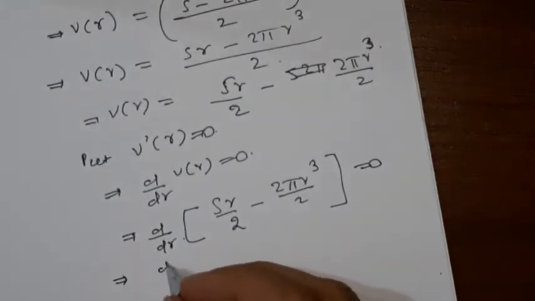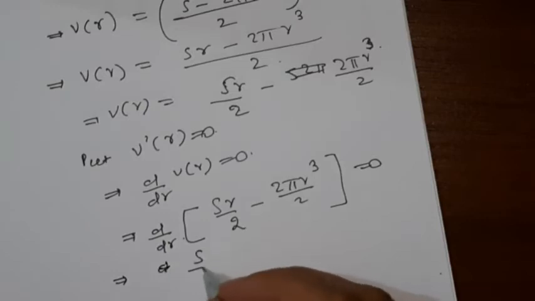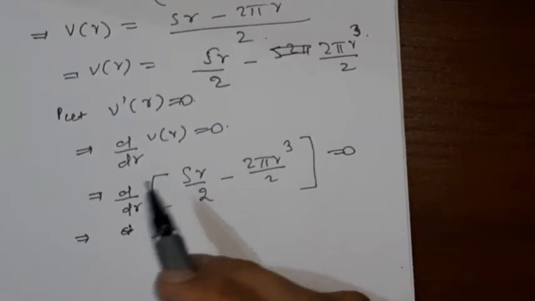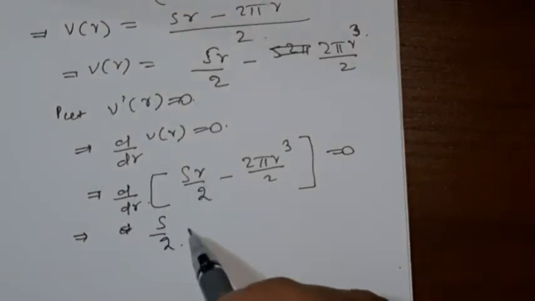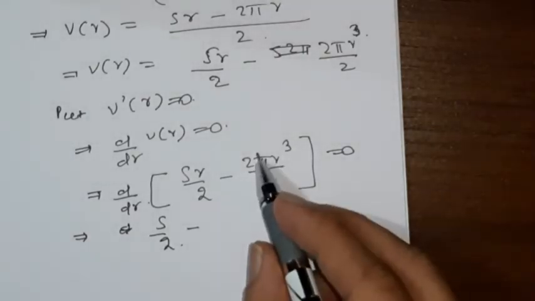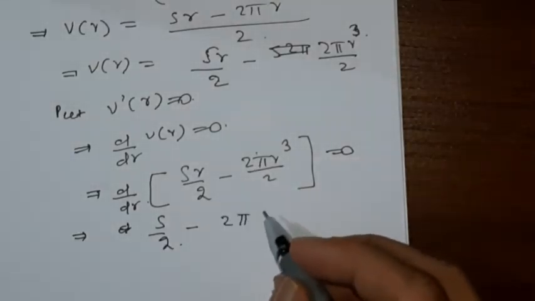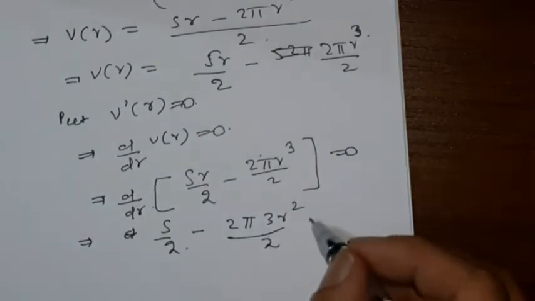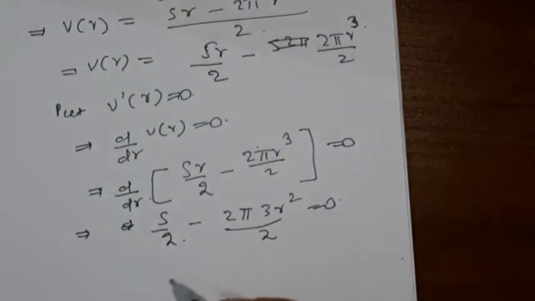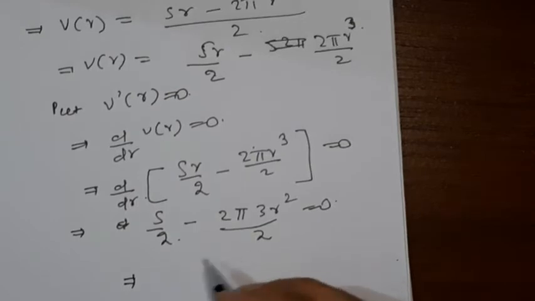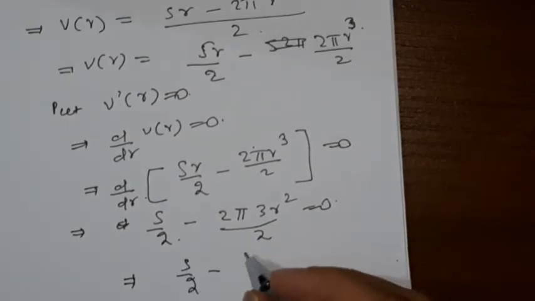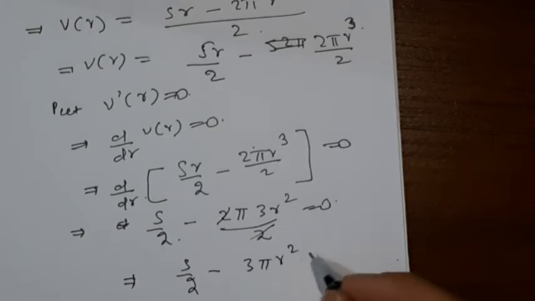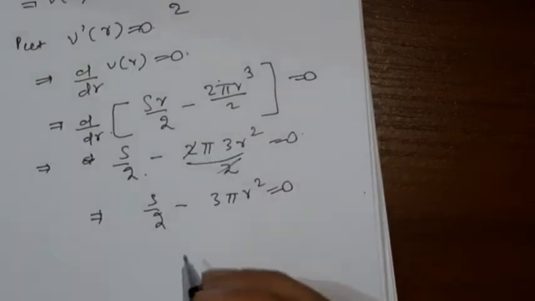The derivative of this is s by 2, because the derivative of r is 1, so s by 2 minus 2 pi, the derivative of r cube is 3 r square, divided by 2, equal to 0. So we will get s by 2 minus 3 pi r square equal to 0, since the 2 and 2 get cancelled.